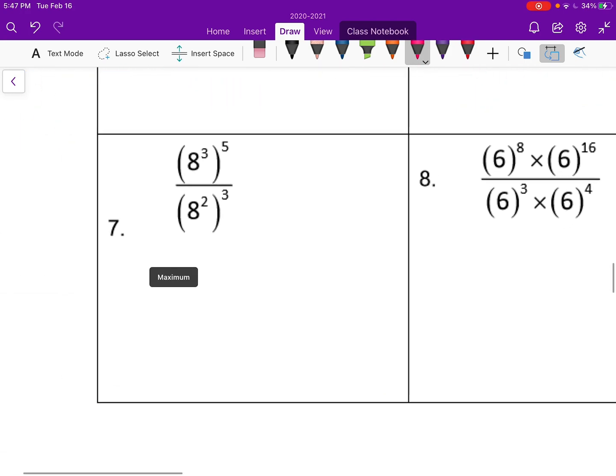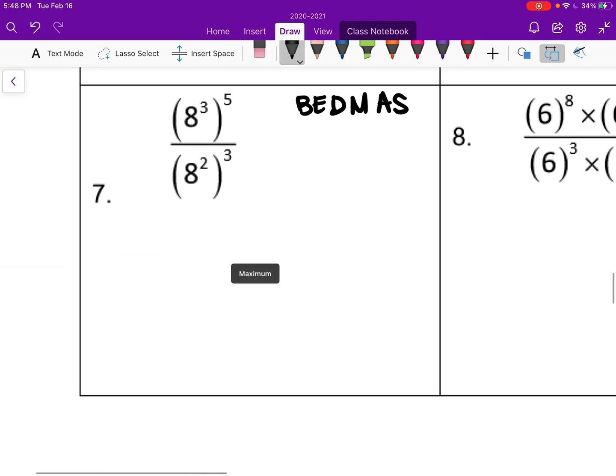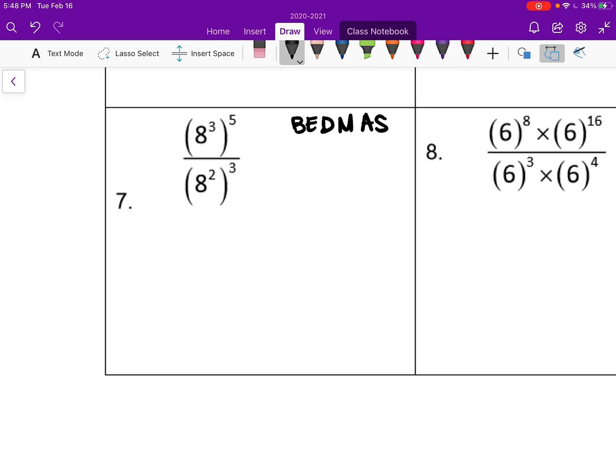We're going to do this over here. So again, following BEDMAS, we got to do the exponents first, then we can deal with the division and the multiplication. So let's do the exponents first. We have 8 to the power of 3 to the power of 5. When we have something that's a power to a power, we can just multiply the powers together. Right, so we're going to do 8, 3 times 5, all over 8 squared to the power of 3, 8, 2 times 3, right?